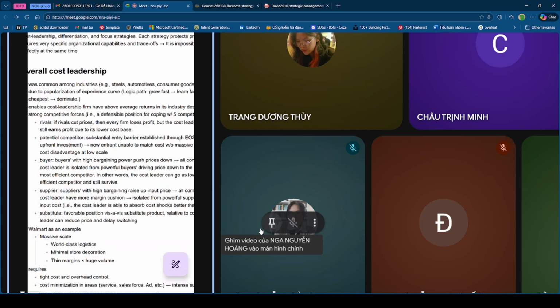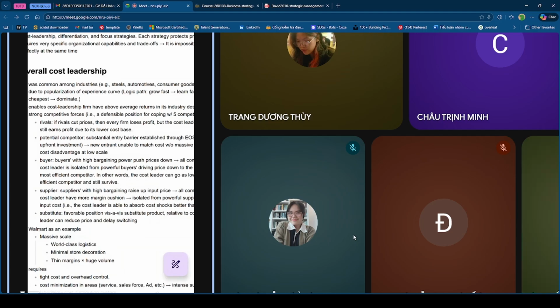Because of this, they extract as much value as possible, and there's very little value left for the firm. However, if your firm has the cost advantage, you have the lowest cost structure, so you still have profit even when your competitors lose money, right?